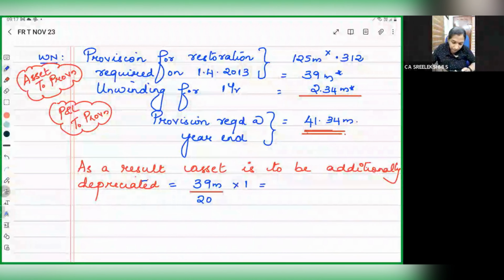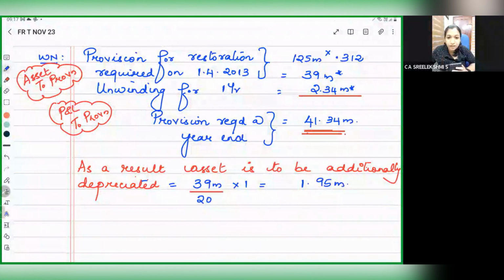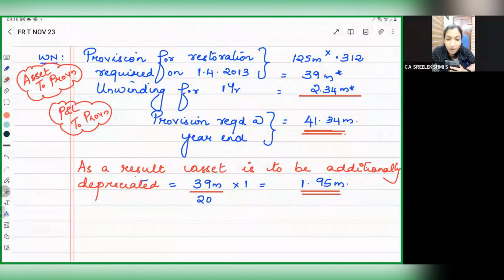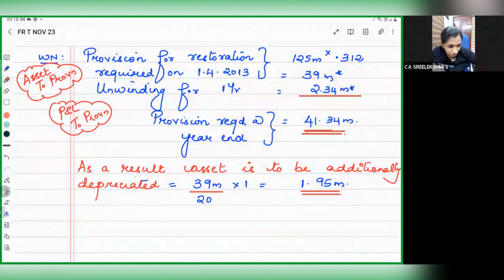So additional depreciation should have been 39 divided by 20, 1.95 million. Asset should have been depreciated to the extent of 1.95 million extra.